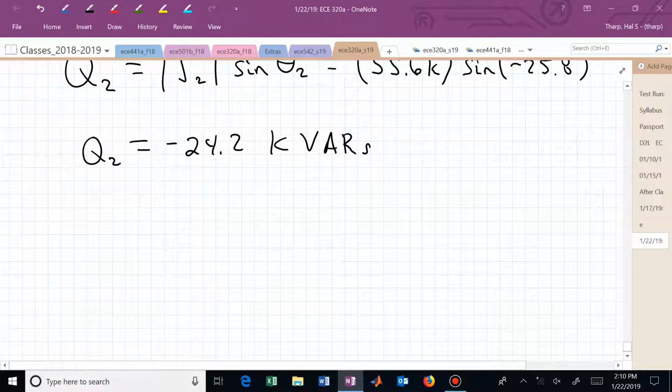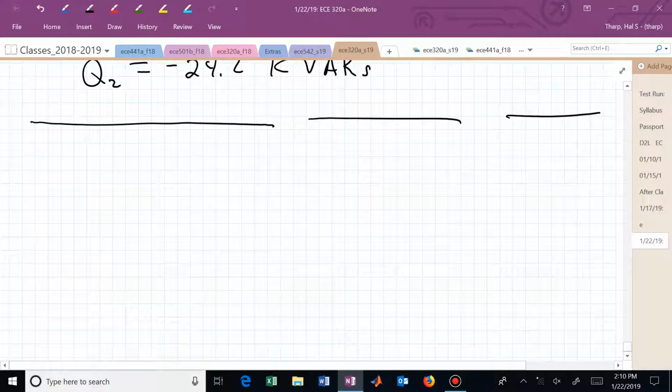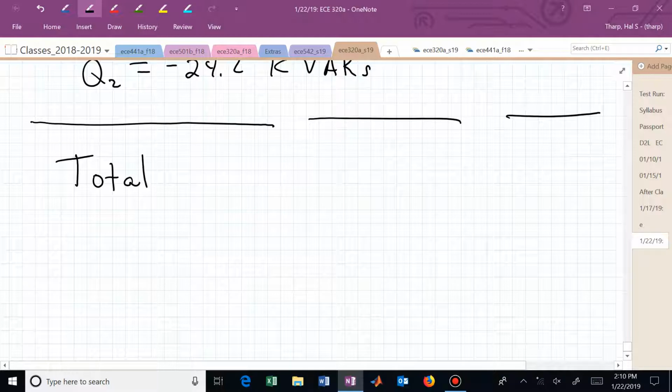Now we have all of the pieces that we need in the appropriate directions. We have all of the real components and all of the reactive components of load 1 and load 2.